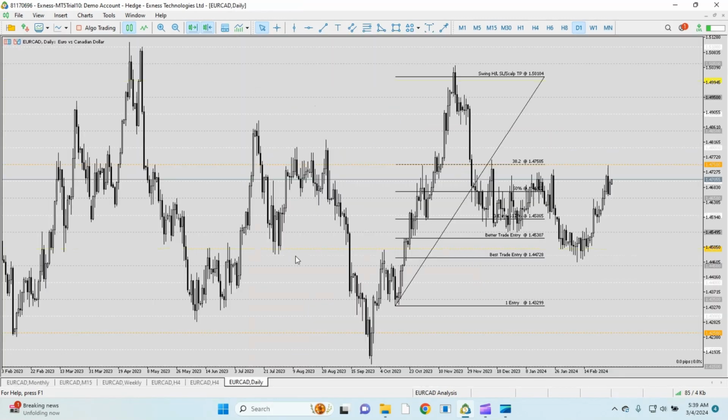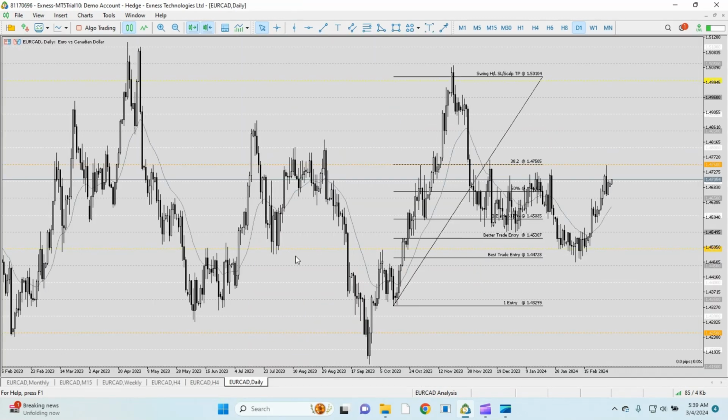We have the head and shoulders chart pattern, where you have the head, then you have the shoulders on either side. You see the left shoulder and the right shoulder.